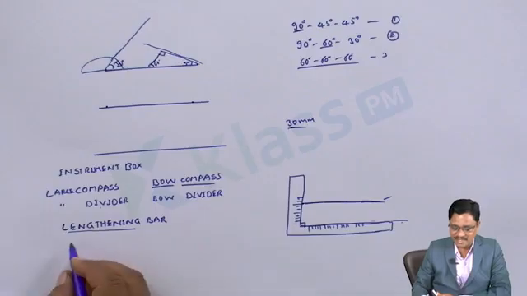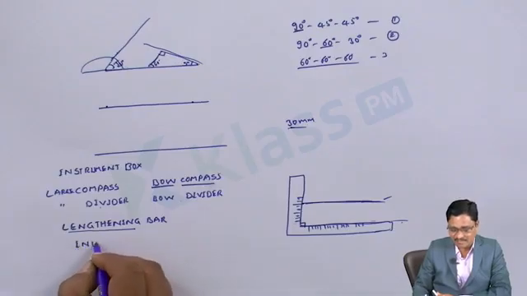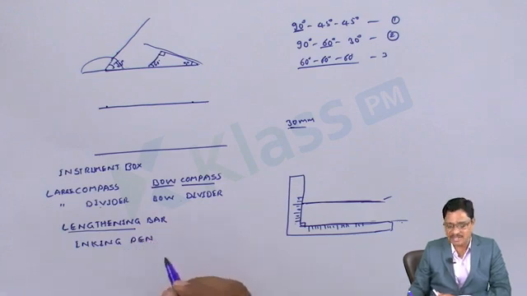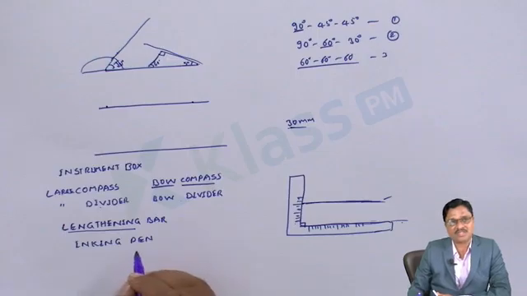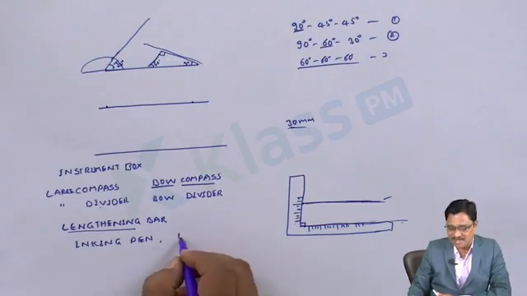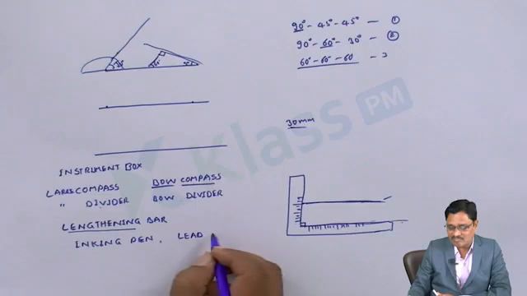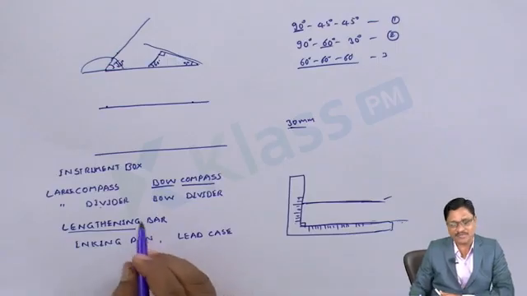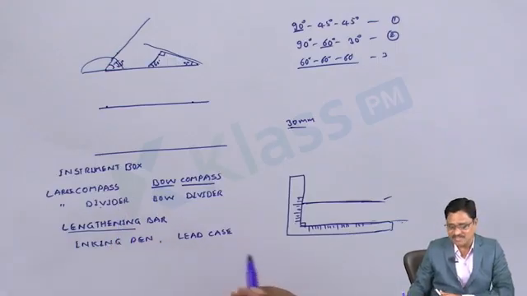After that we need an inking pen. If you want to convert the pencil lines to ink, you use the inking pen. Next, a small lead case. Here is a small plastic box where we can keep the leads for future requirements, to feed the compass whenever you want pencils.